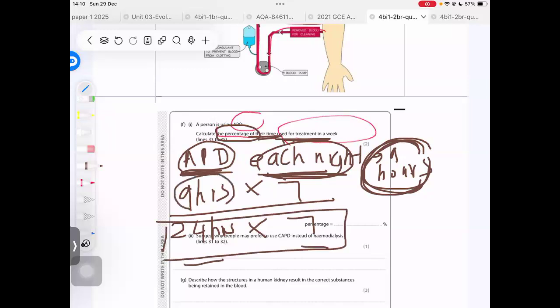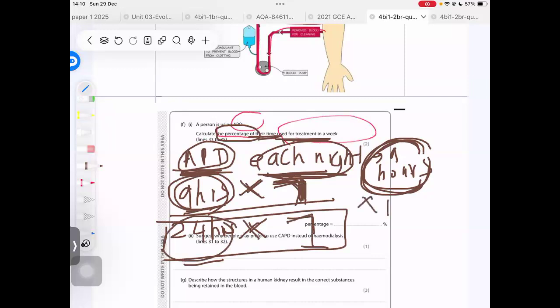This is the number of hours you do the AP dialysis for a day: 9 hours per day. And to calculate the total time for 7 days, I multiplied it by 7. So here also, for one day you have 24 hours. To calculate the total time for the week, you multiply it by 7.